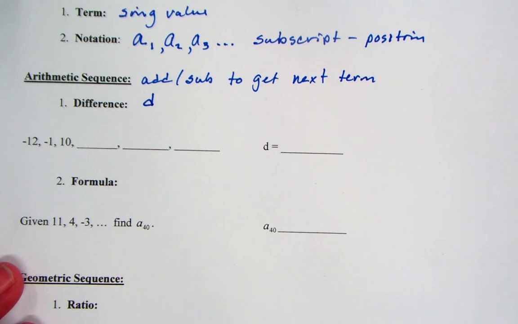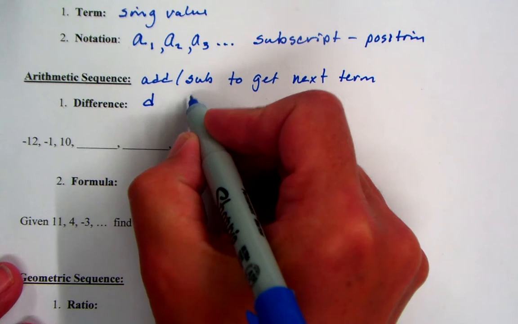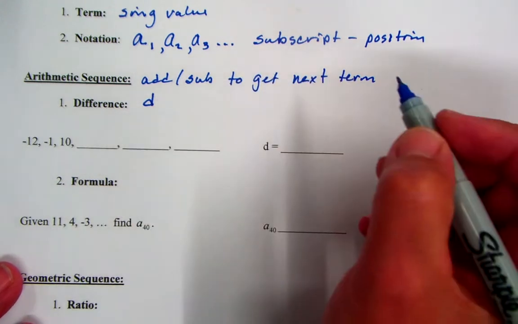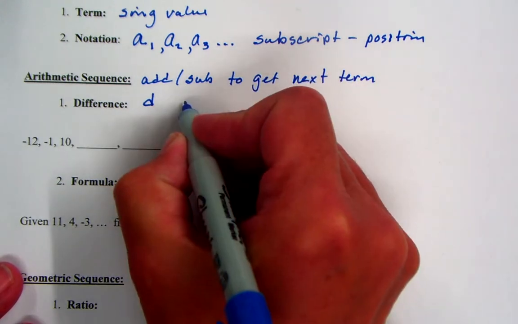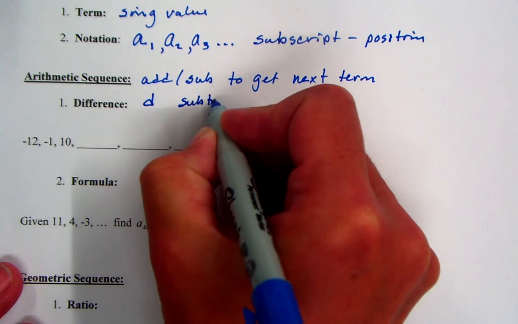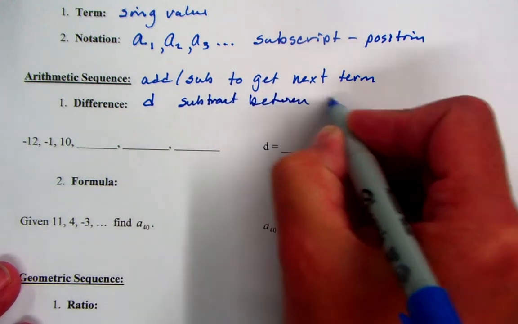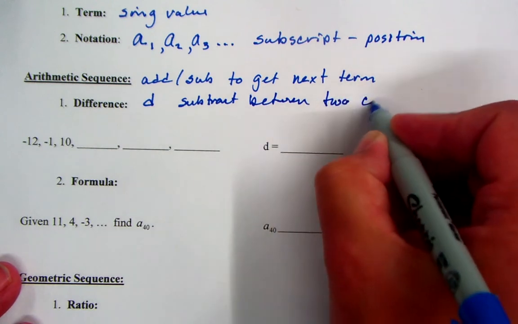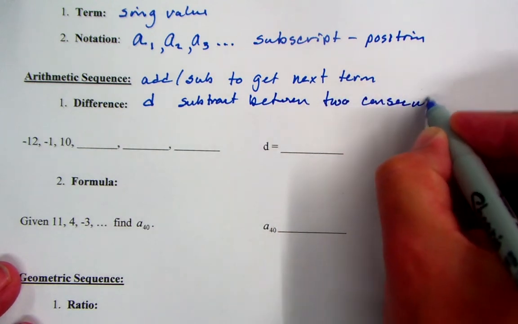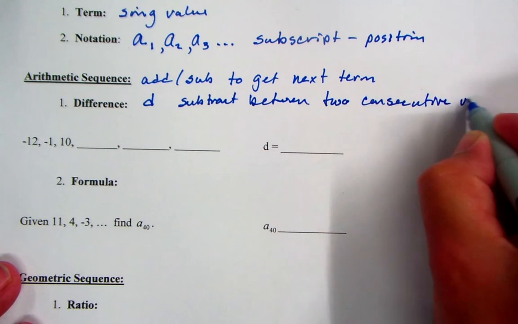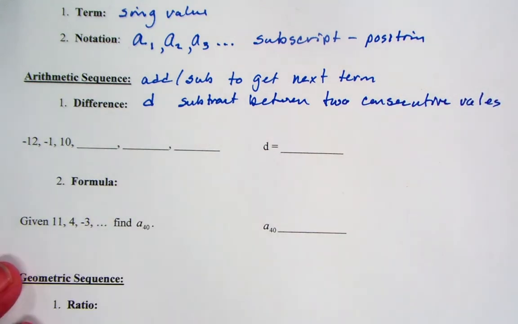And so we're going to call it D. And so how do I get D? I'm going to take and subtract 2 consecutive values. So we're going to subtract and see the difference between 2, and consecutive means that the terms are right next to each other.